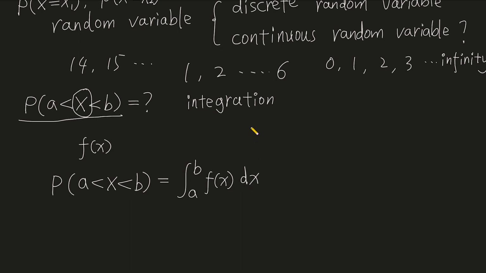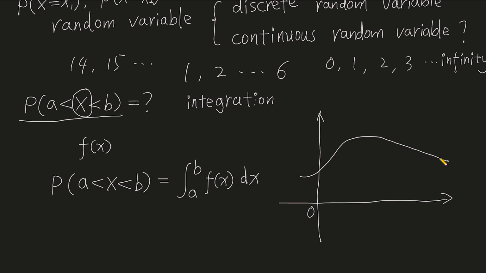If we see this on the coordinate system, it's like this. This is the graph of the probability density function of the continuous random variable x.